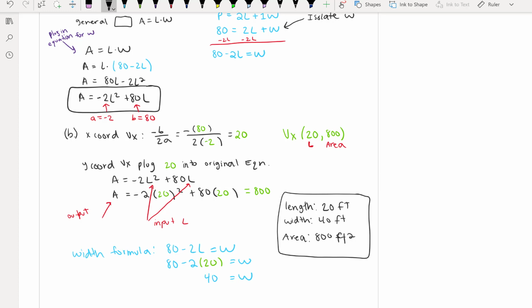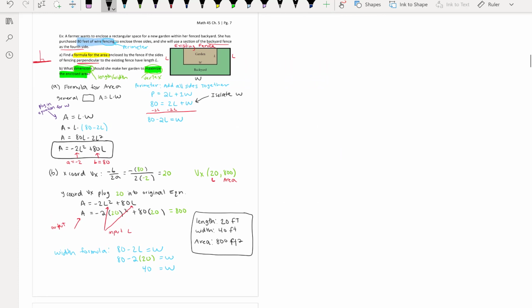So those are the dimensions that I was asking for that would make the garden have a maximized enclosed area. Okay. Well, I hope that makes sense. And that is all of the work that we have for this problem.